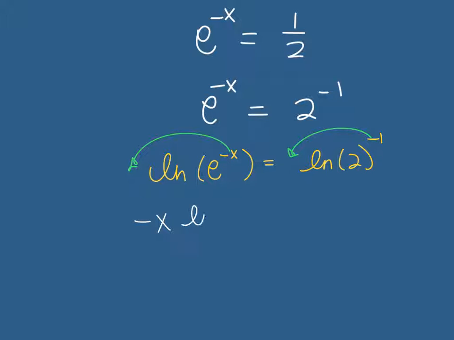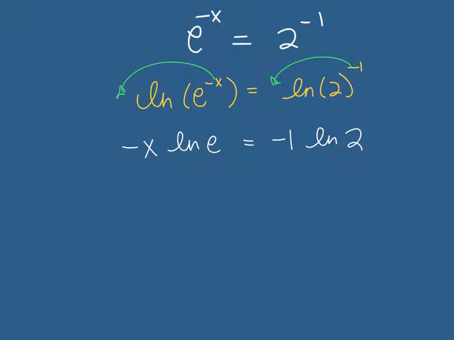So negative x is in front of ln e, and negative 1 is in front of ln 2. The ln and the e cancel out. I'm left with just negative x equals negative 1 over ln 2.